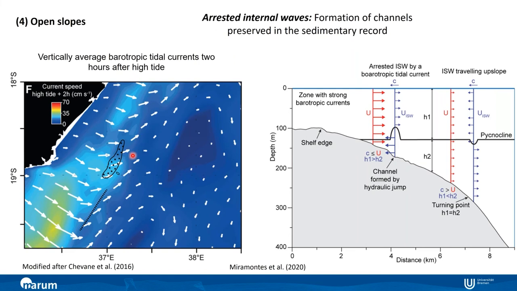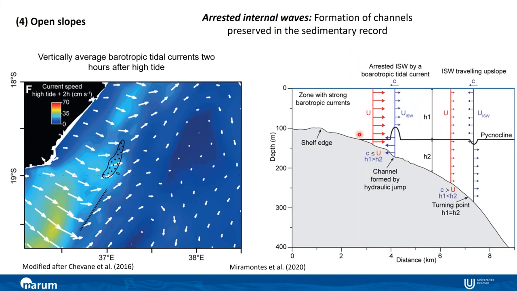The idea is that when internal waves propagate towards the slope and reach a zone close to the slope, the depth below the pycnocline is already lower than above the pycnocline, so the internal wave becomes an elevation wave, and that makes the currents near the seafloor flow towards the continent, so onshore. But in this case we also have the barotropic currents flowing in the opposite direction.